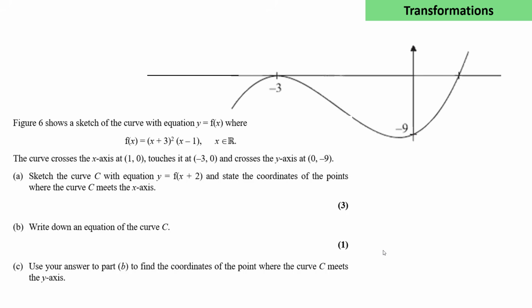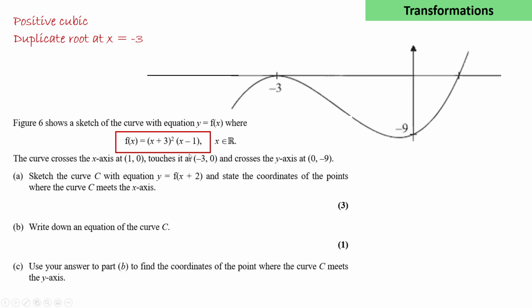This question is about transformations and sketching of curves. We're shown the graph of f of x equals x plus 3 squared times x minus 1. We can see that it's going to be a positive cubic. So it will start in the bottom left and finish in the top right-hand corner.